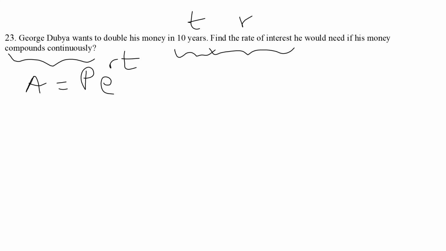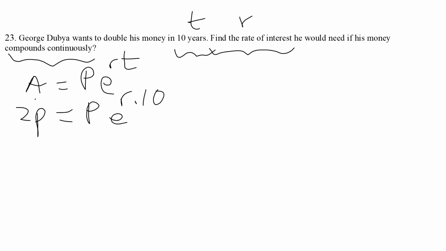We know that A at the end of the 10 years is going to be double of P. So instead of A here, I can put 2P, because after investing for 10 years, the P is going to grow to double, which is 2P, equal to P e to the rt. We don't know r, but we're given t to be 10.